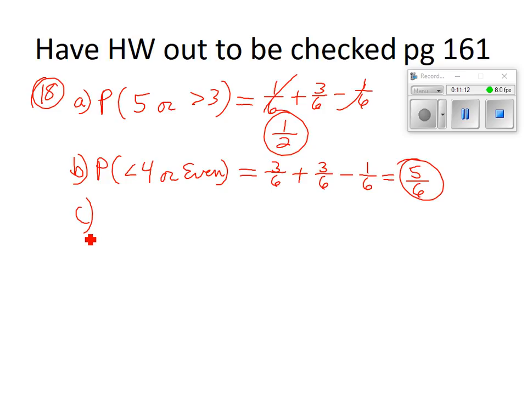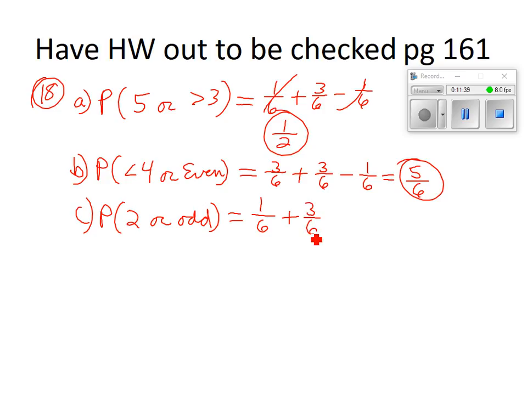Letter C. Rolling a 2 or an odd number. So we want 2 or odd. What's the probability of rolling a 2? 1 out of 6. What's the probability of rolling an odd number? Nobody knows the probability of rolling an odd number? 3 out of 6.